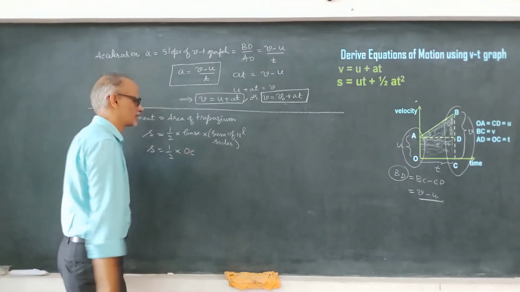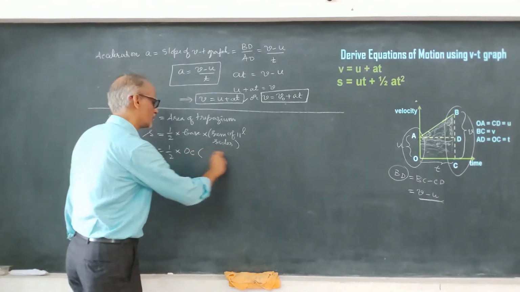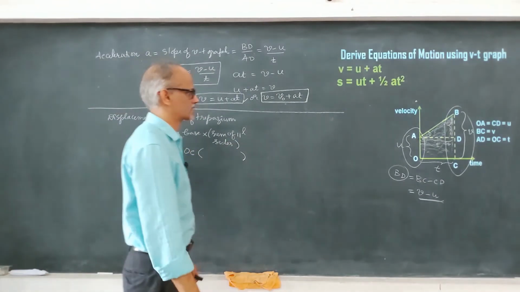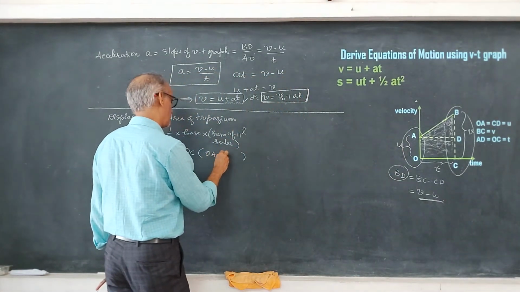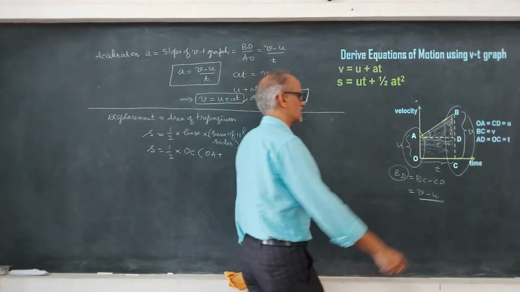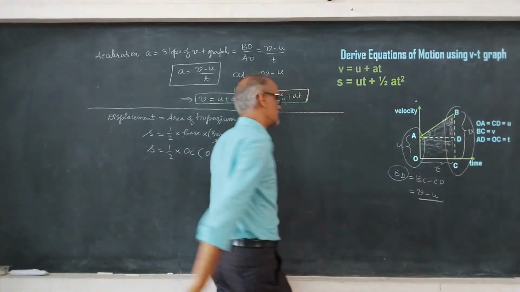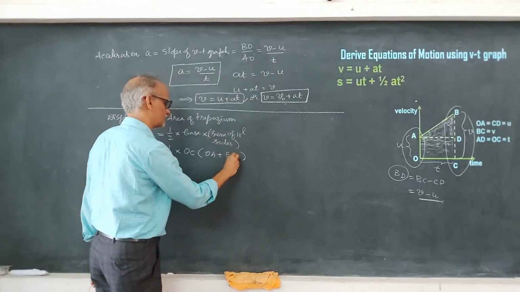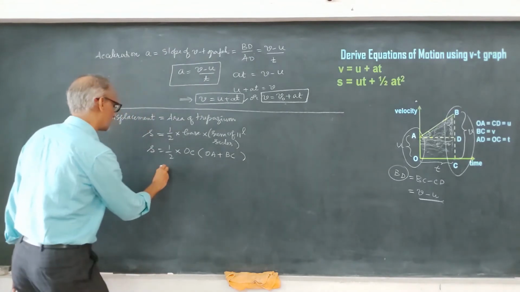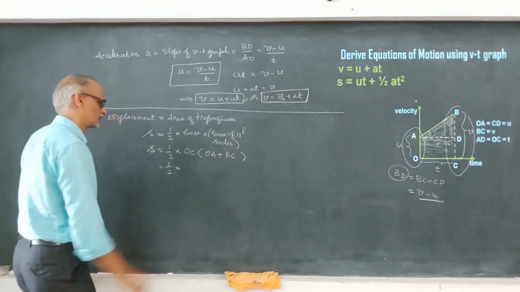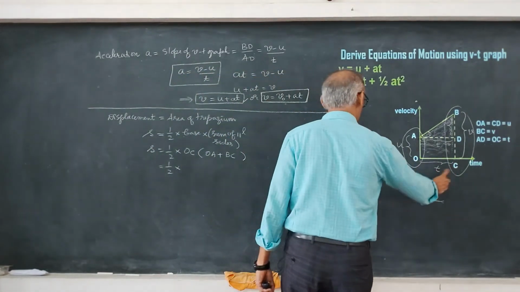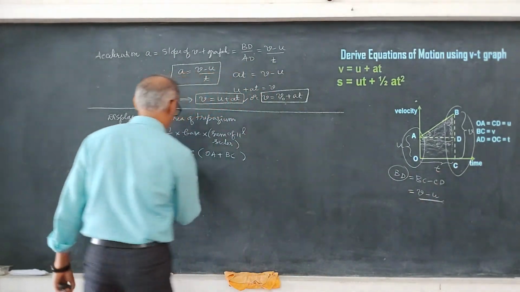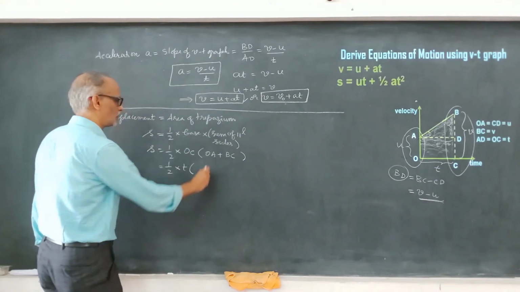OC is the base, or the height, into sum of the parallel sides. One is OA plus the other is BC. So that is half into, what is OC? OC here is nothing but T, into OA plus BC.